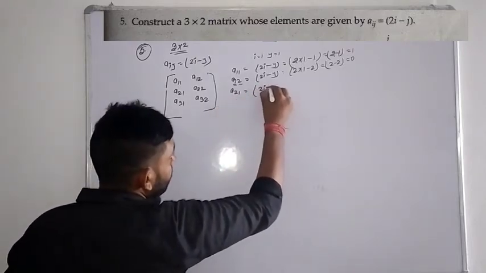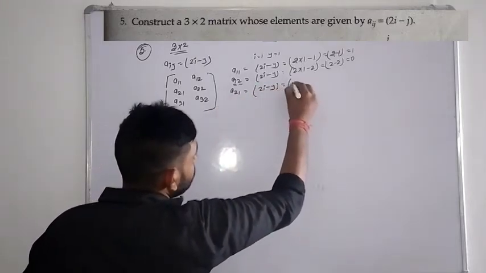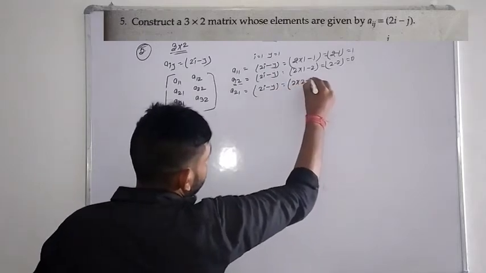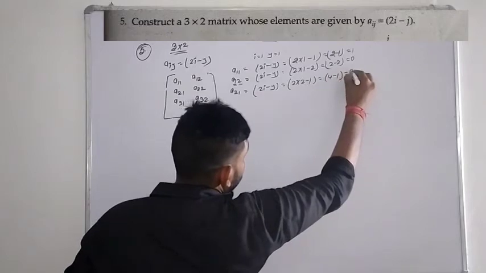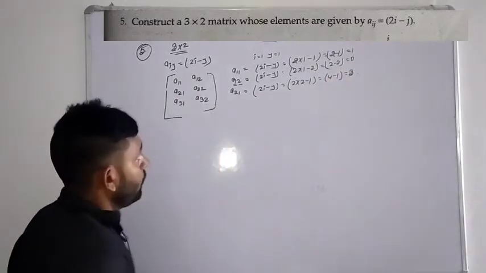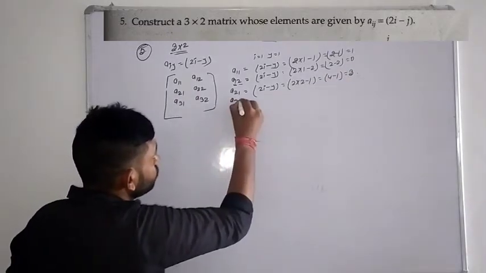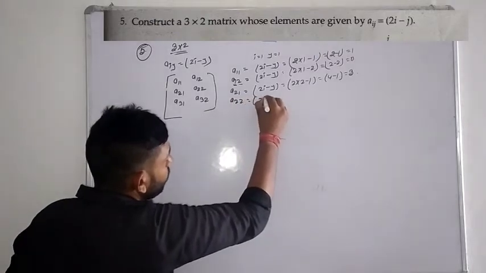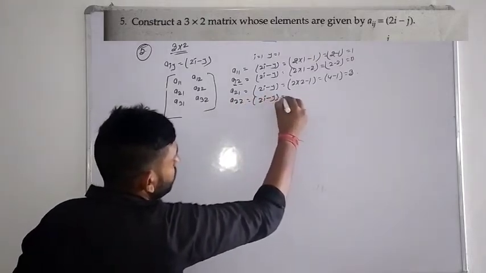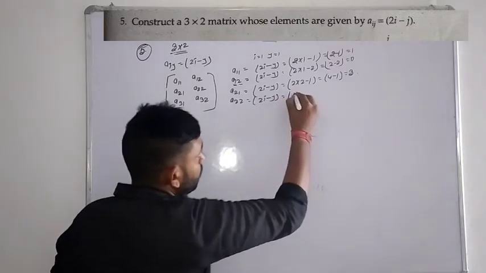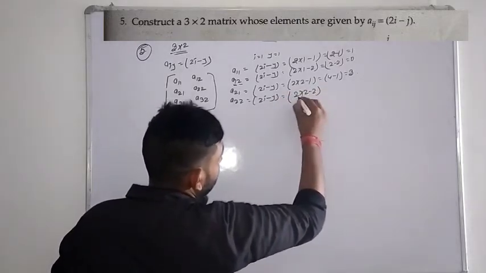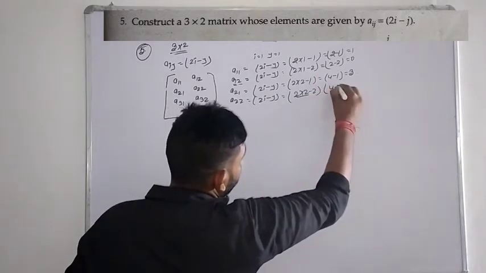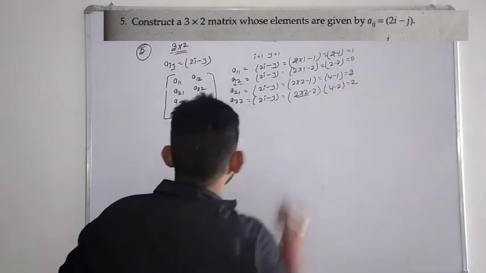Now 2i minus j is equal to 2 into 2 minus 1 is equal to 4 minus 1 is equal to 3. And now a22 is equal to 2i minus j is equal to 2 into 2 minus 2, that means 4 minus 2 is equal to 2.